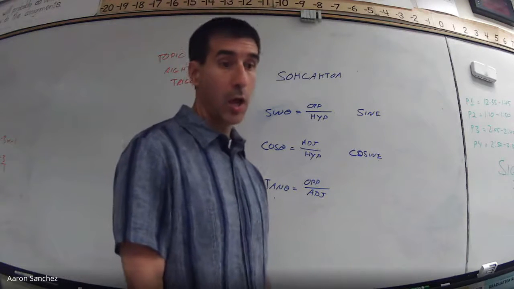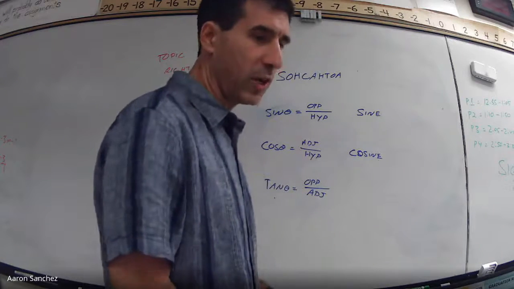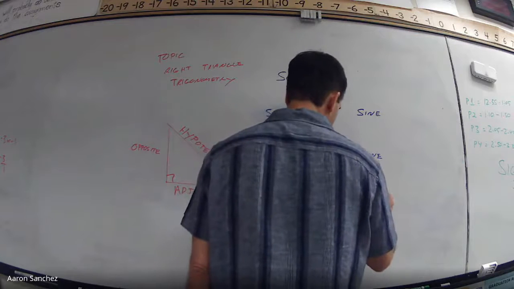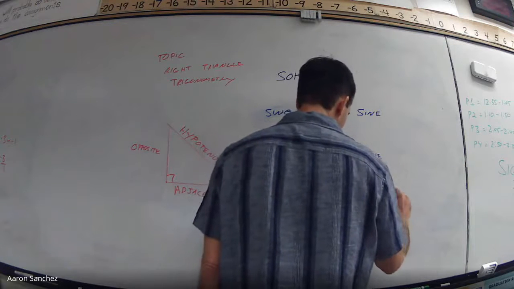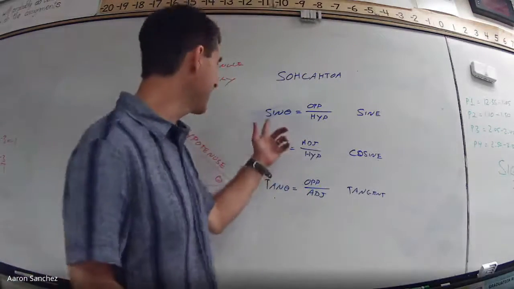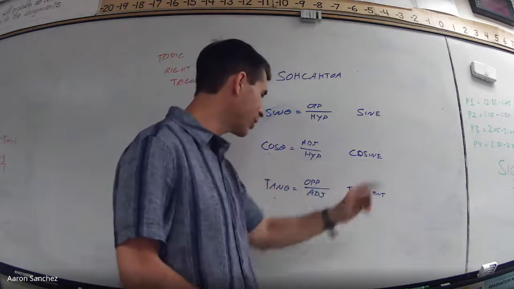Yes, it is opposite over adjacent. Very good, Elise. Now, tangent is spelled like this. Tangent. You don't have to write it down, but just so you know. That's why people say sin. It's not sin, it's sine, right? Cos, it's not cos, it's cosine.